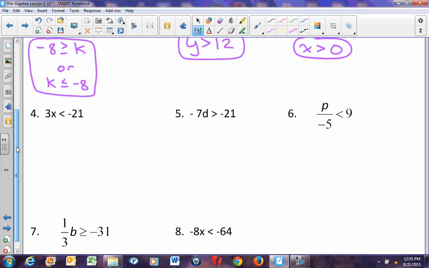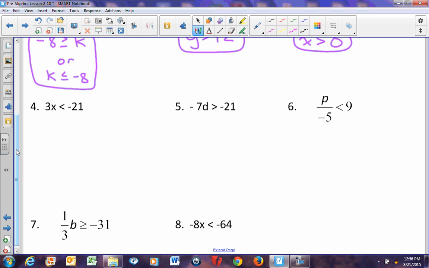Let's look at number 4 here. 3x is less than negative 21. Let's divide by 3. X is less than... We did not divide by a negative number. We might have a negative answer, but we did not divide by a negative number, so we do not switch the inequality sign.